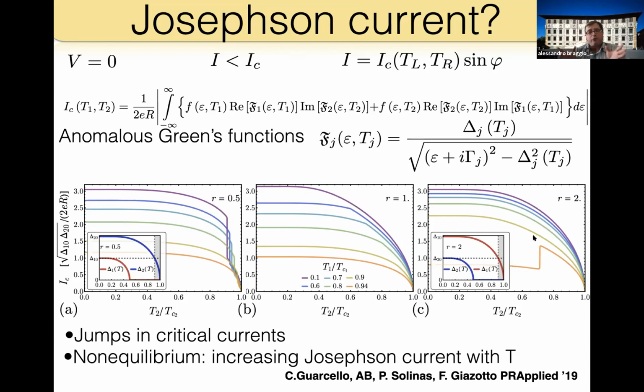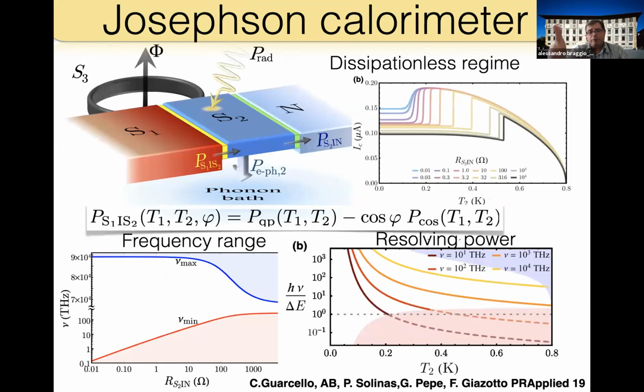That was very astonishing for us, because typically with temperature you reduce the critical current. We also used it to build a sort of calorimeter, according to the presentation of the first speaker today. This calorimeter is very good: it has a very high dynamic range, very good resolving power, and works in the dissipationless regime.